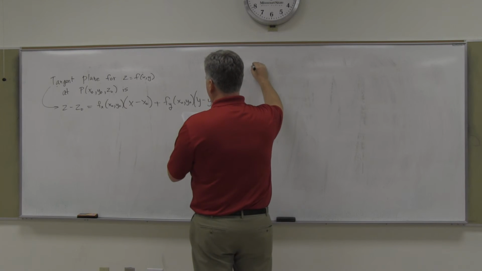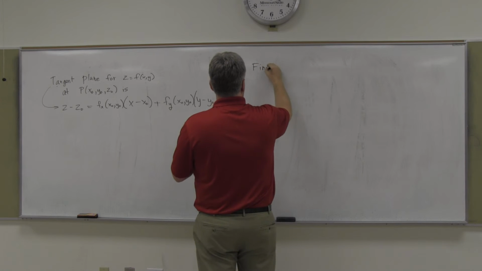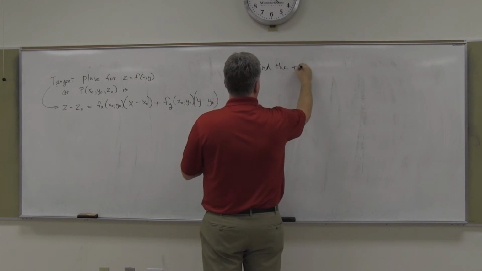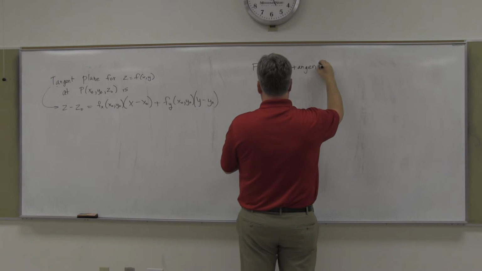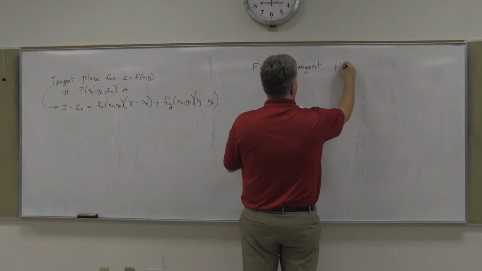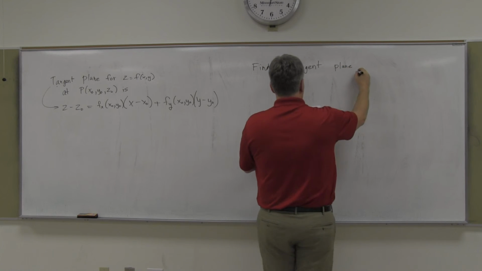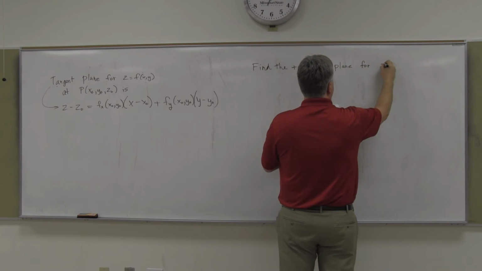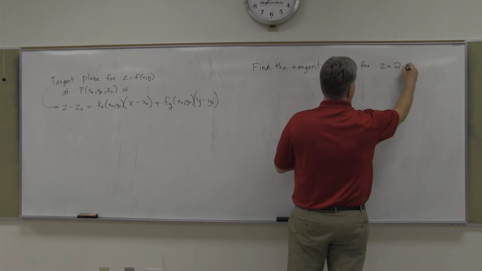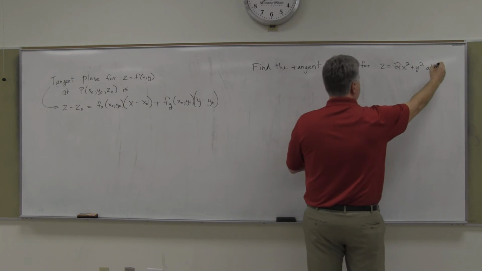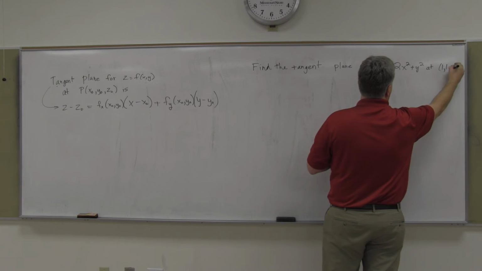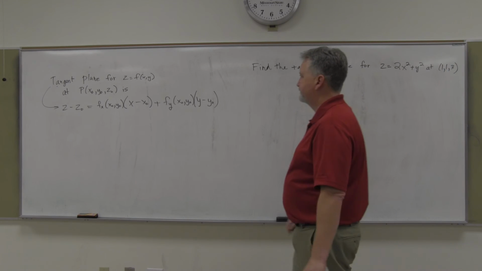So let's find the tangent plane for z equals 2x squared plus y squared at the point 1, 1, 3.